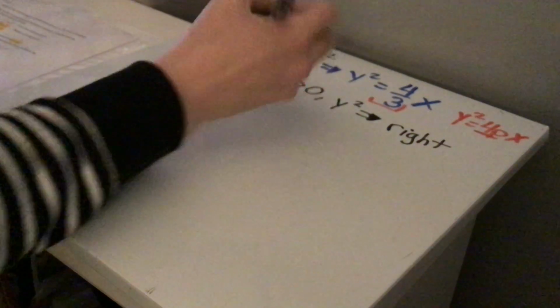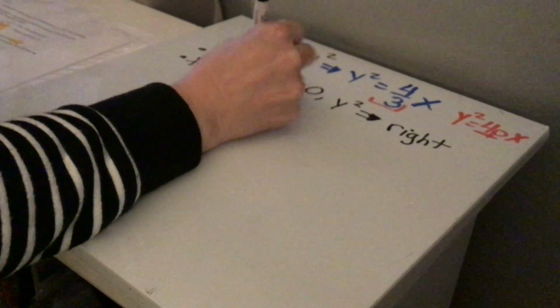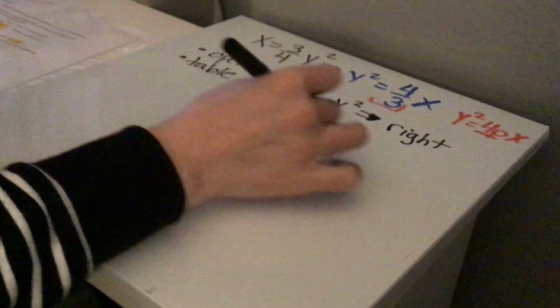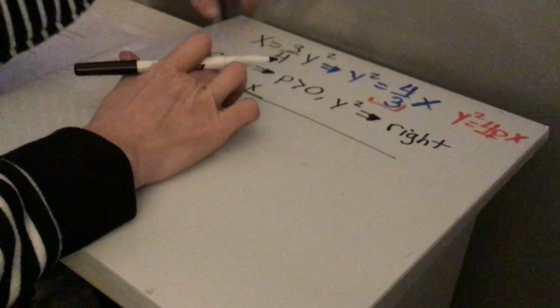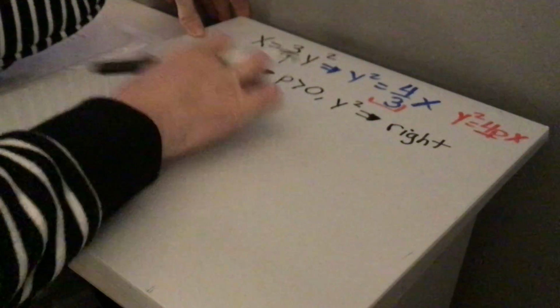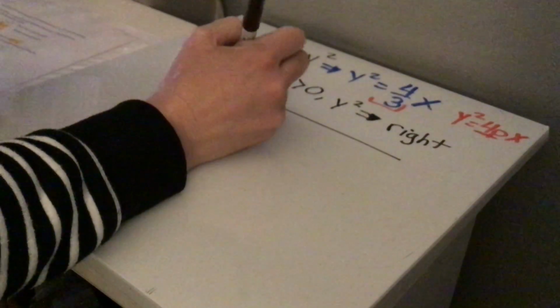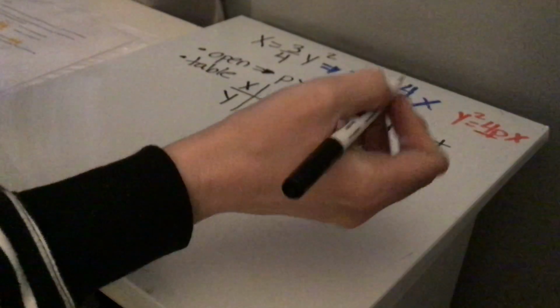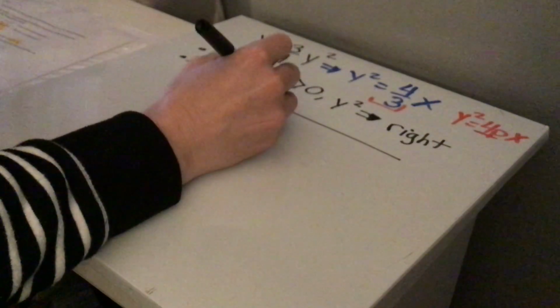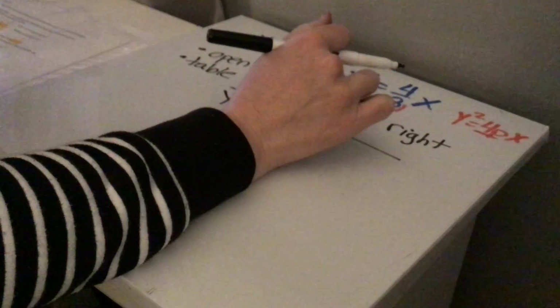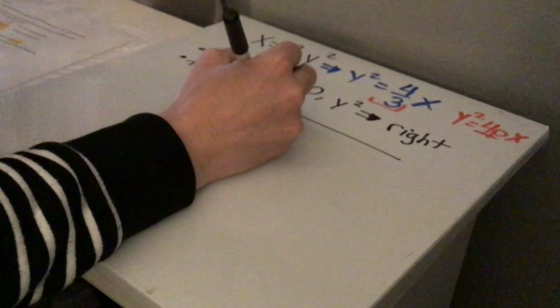Then we make a table. So an xy table, right? So pick either x or y. In this case, if x is 0, then y squared equals 0, and the square root of 0 is 0.